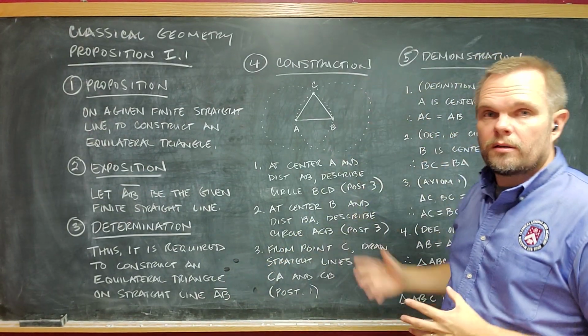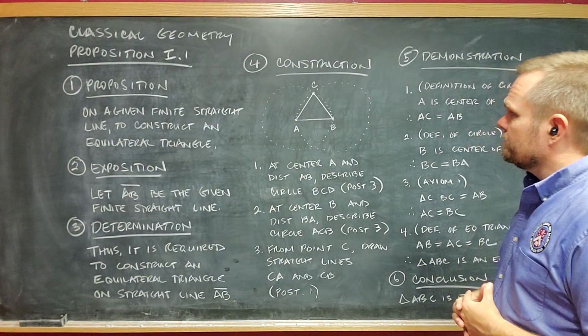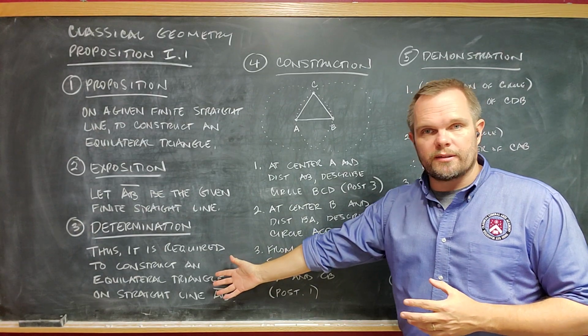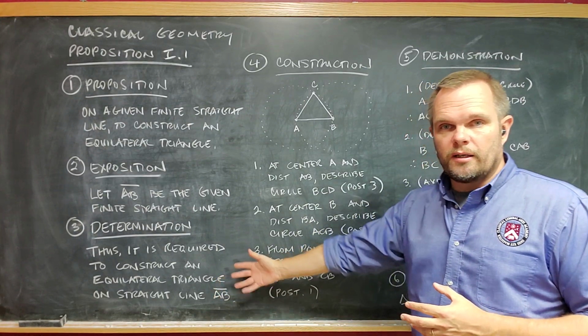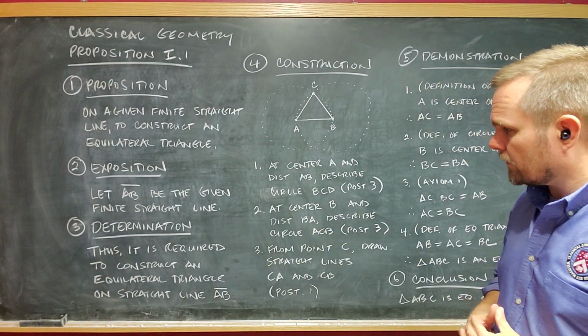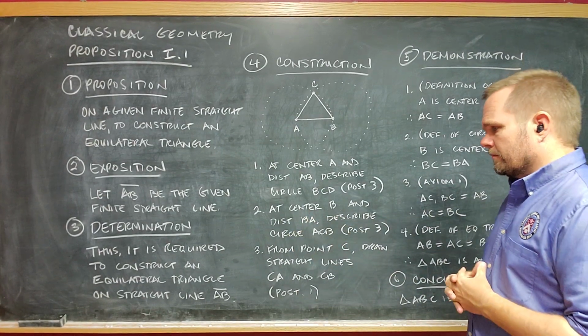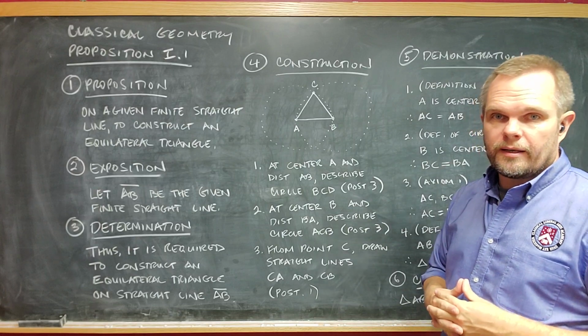And now we go to our construction. In the construction, we're going to try to accomplish the task given to us in this proposition, to construct an equilateral triangle on the straight line AB.